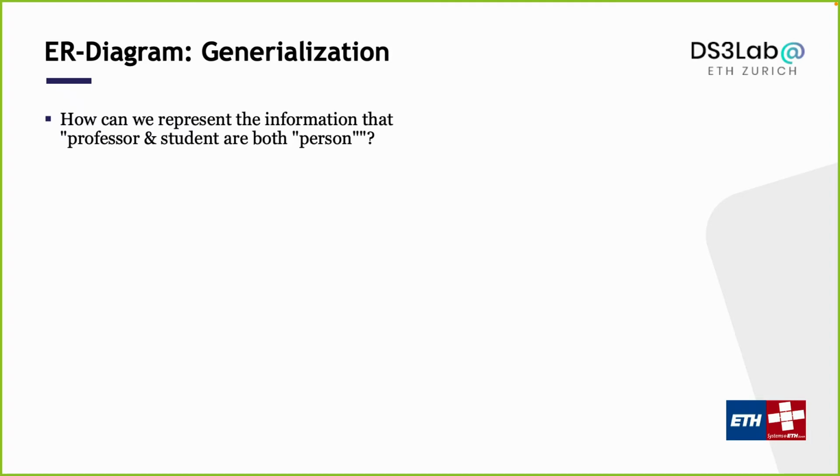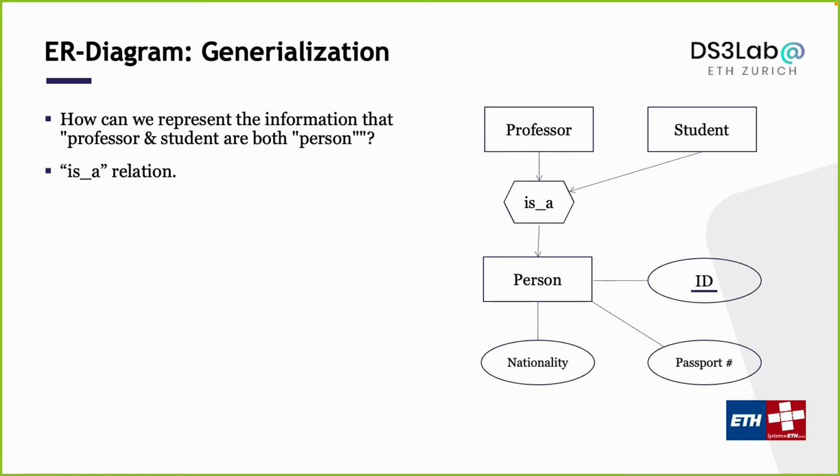But to some extent, they are all persons. So there are different levels of entities in real-world applications. And how can we encode that? The way that you could encode it inside your conceptual model is by introducing this type of hierarchy with a special type of relationship. People give that different names, but here you can say it is an is-a relationship.